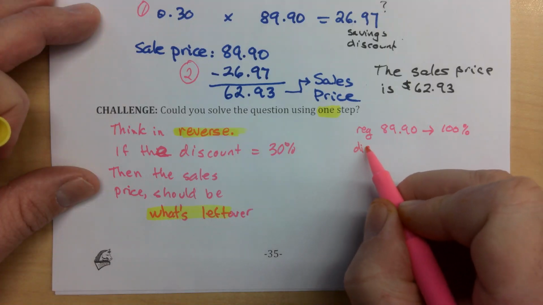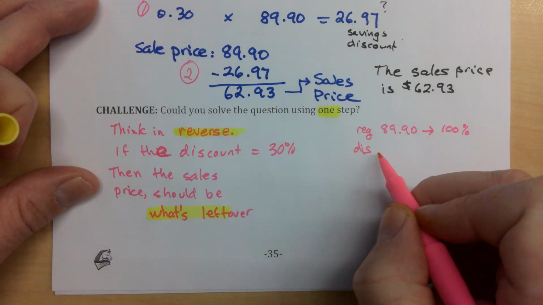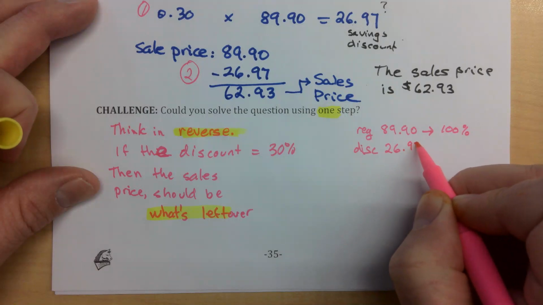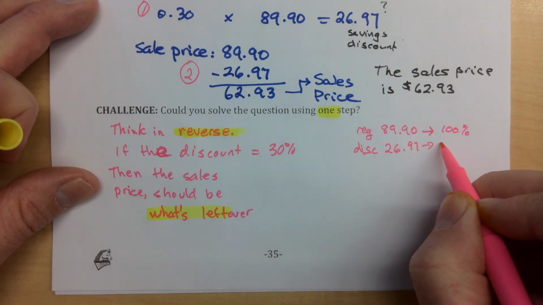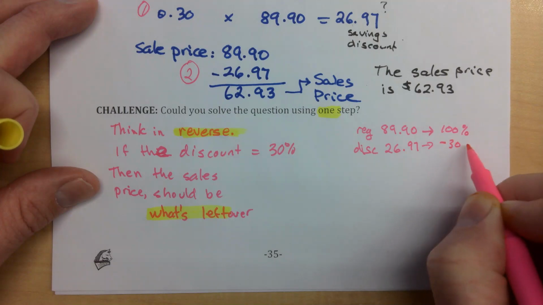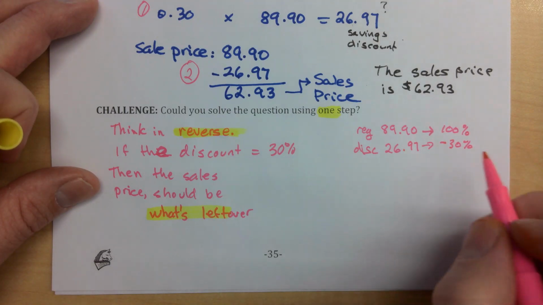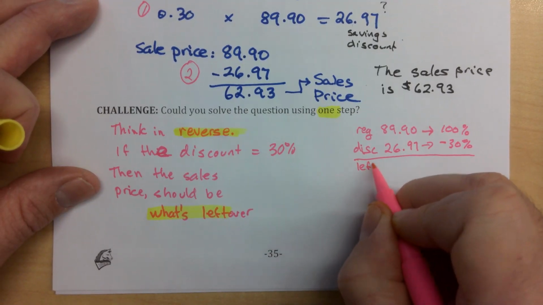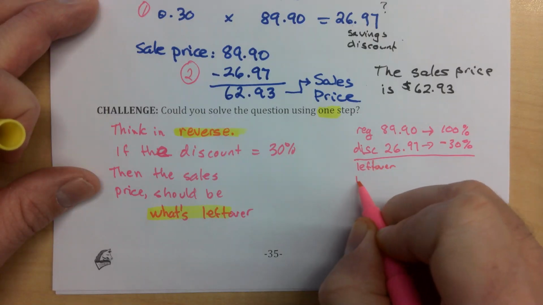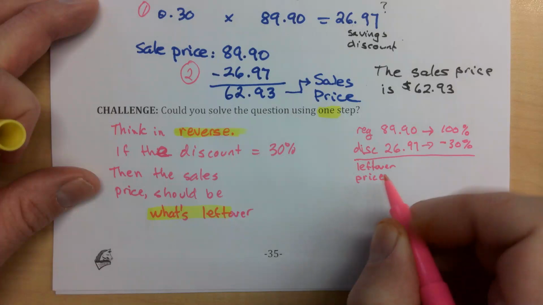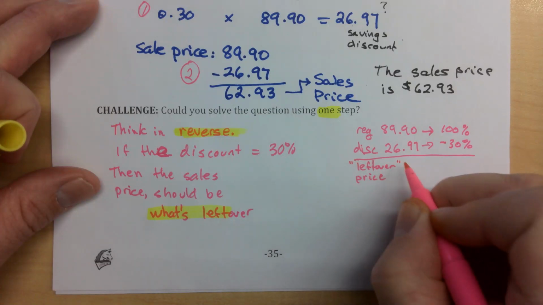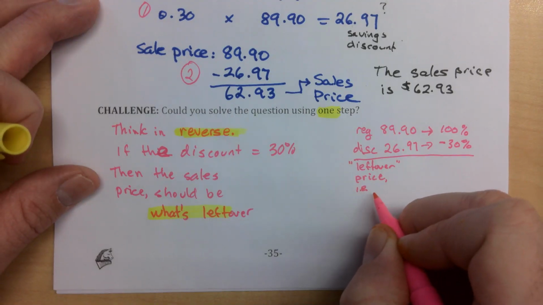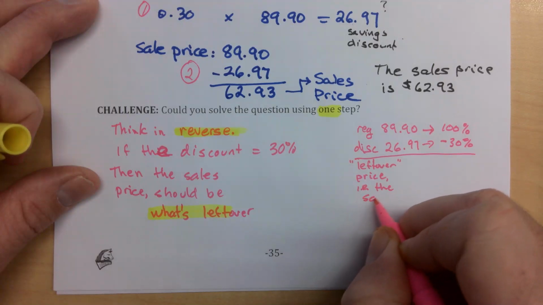Now the discount, which we calculated in the previous example, happened to be $26.97, and that was represented by taking away 30% of the price. So you can think of the sales price as the leftover price, in other words.